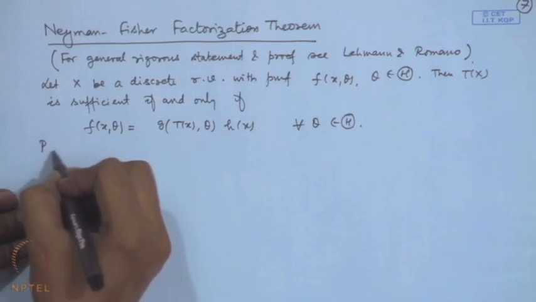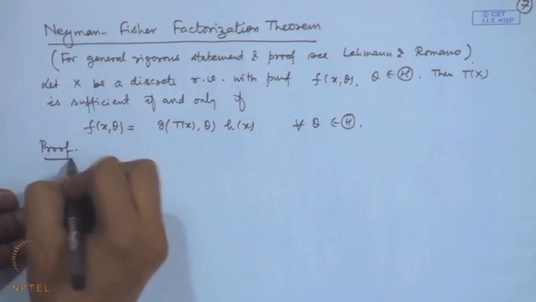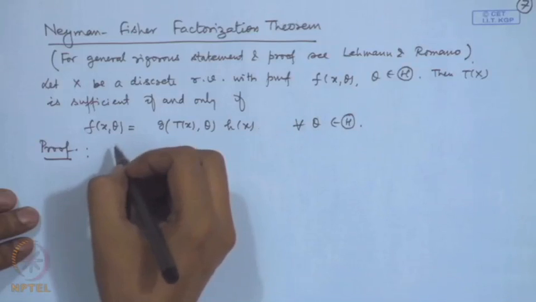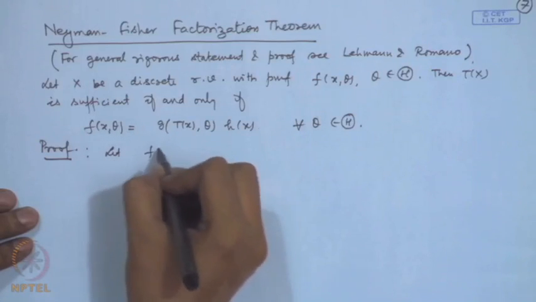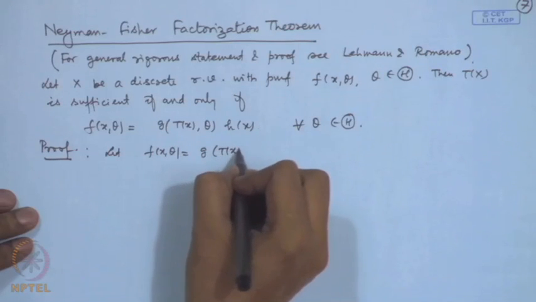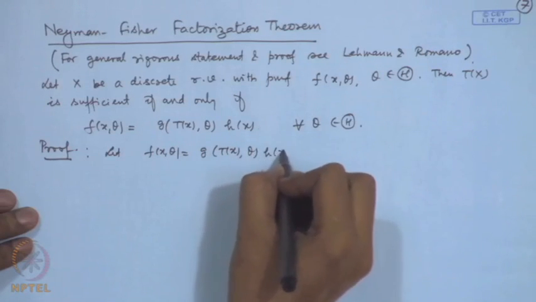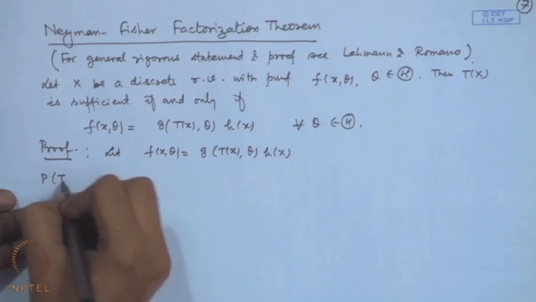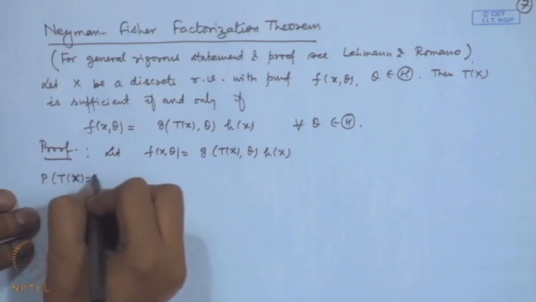Let us look at a proof of this. So, we are considering the discrete case here. Let us assume, say, f(x, theta) is equal to g(T(x), theta) h(x). Now, let us consider, say, the probability that T(X) is equal to t.